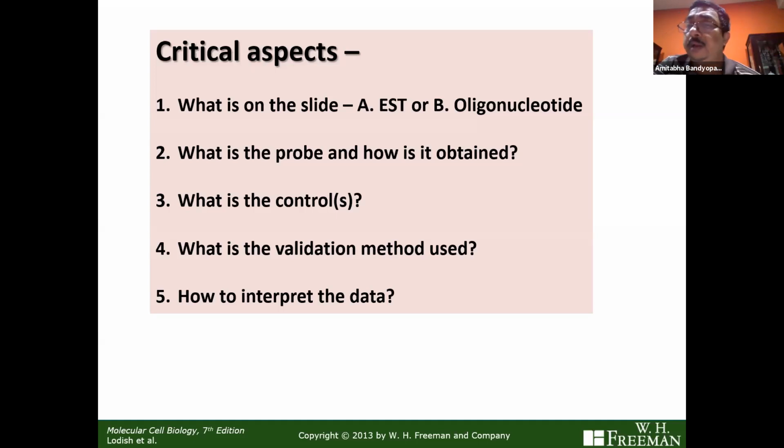These are internal controls, because if the microarray hybridization worked well, then you will not expect any mRNA from human cells to hybridize with the yeast spots.